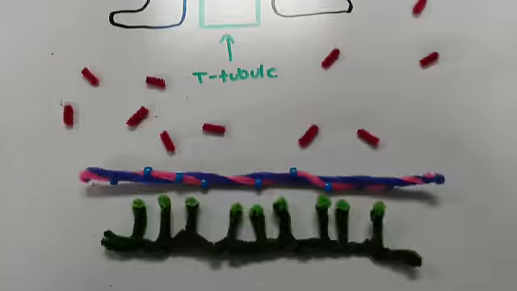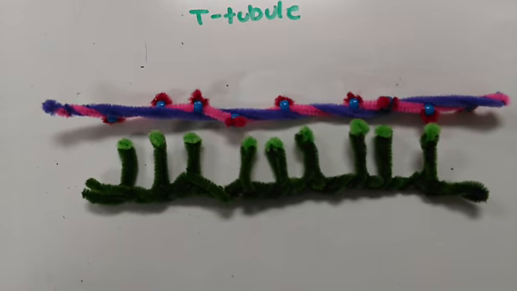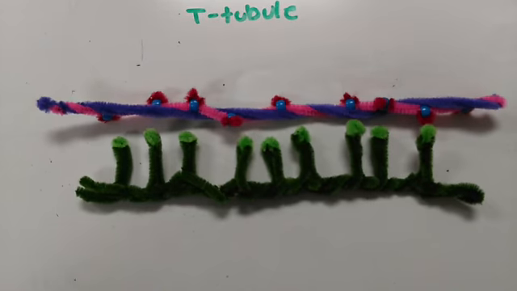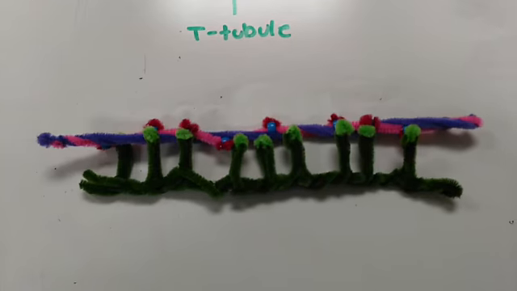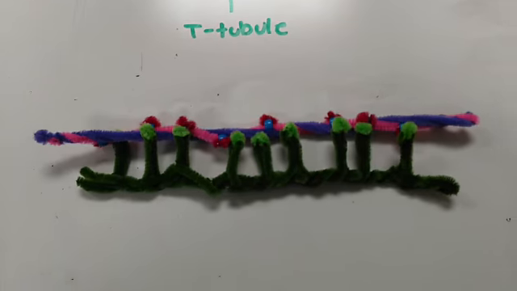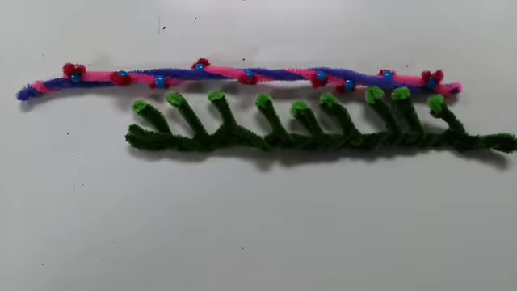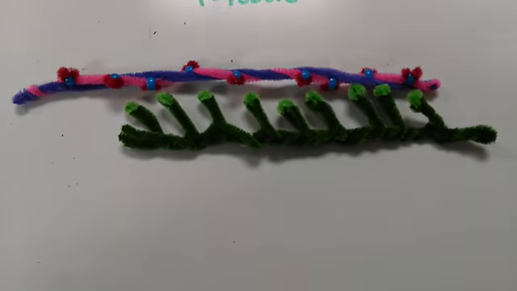Calcium ions are then released from the sarcoplasmic reticulum and bind to the troponin on the actin. This causes the tropomyosin to change shape and expose the binding sites on the actin. The myosin then binds to active sites on the actin, forming a cross bridge.